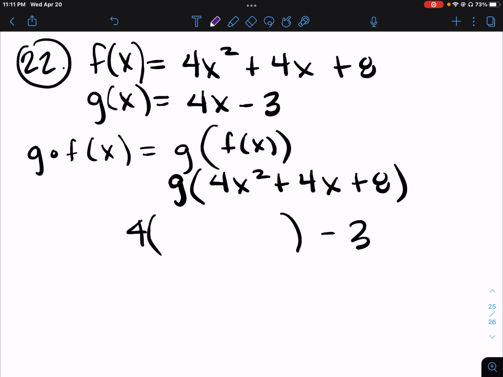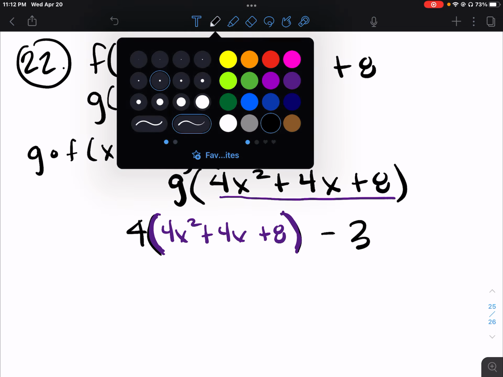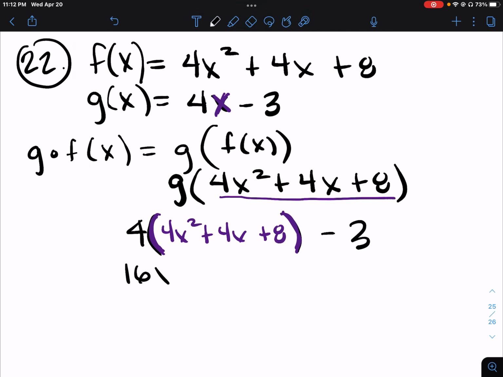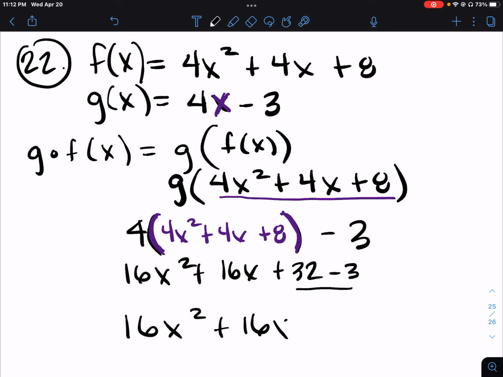But where there's an x here, I'm going to leave a blank parentheses because I'm going to replace x. How do you know what x gets replaced with? Whatever's inside there. Now I'll distribute and combine my like terms, which are just the two numbers.